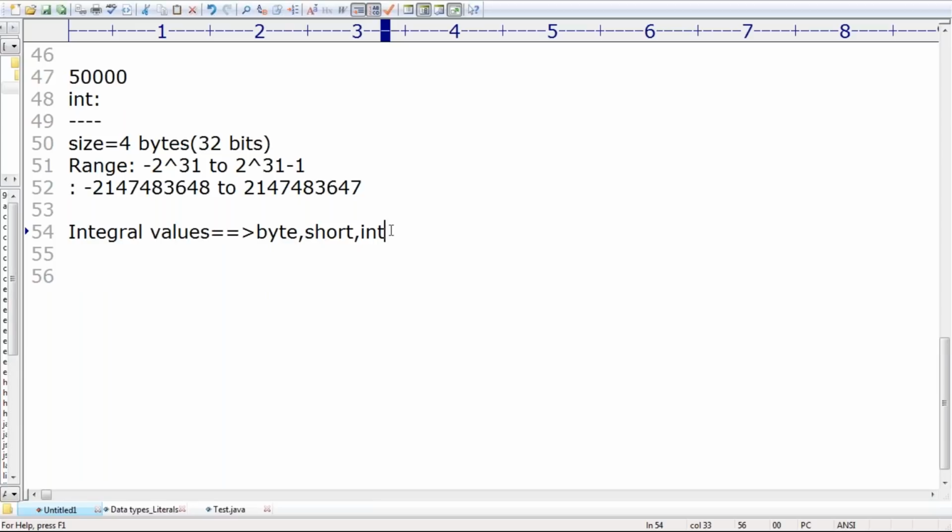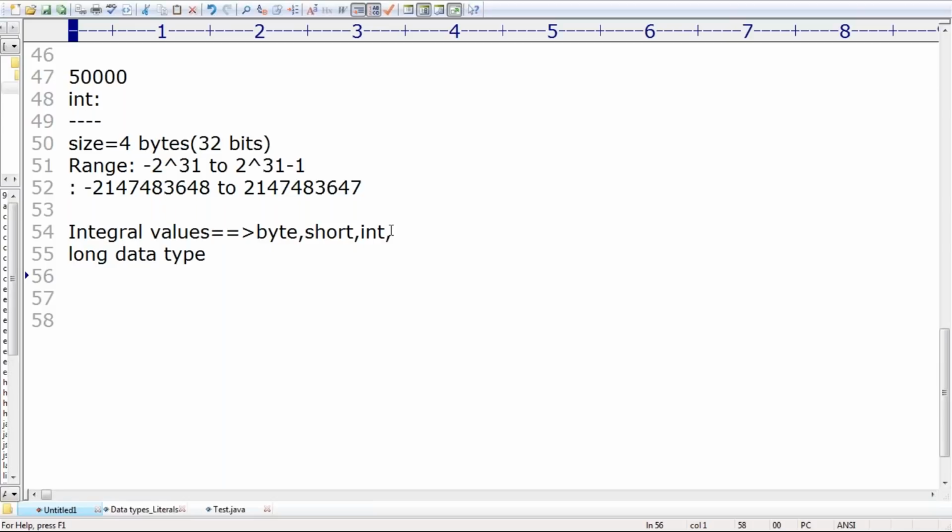Sometimes our requirement is to hold bigger values. Then int may not be enough to hold such long values, and we should go for the long data type. If int is not enough to hold bigger values, then happily we can go for long.